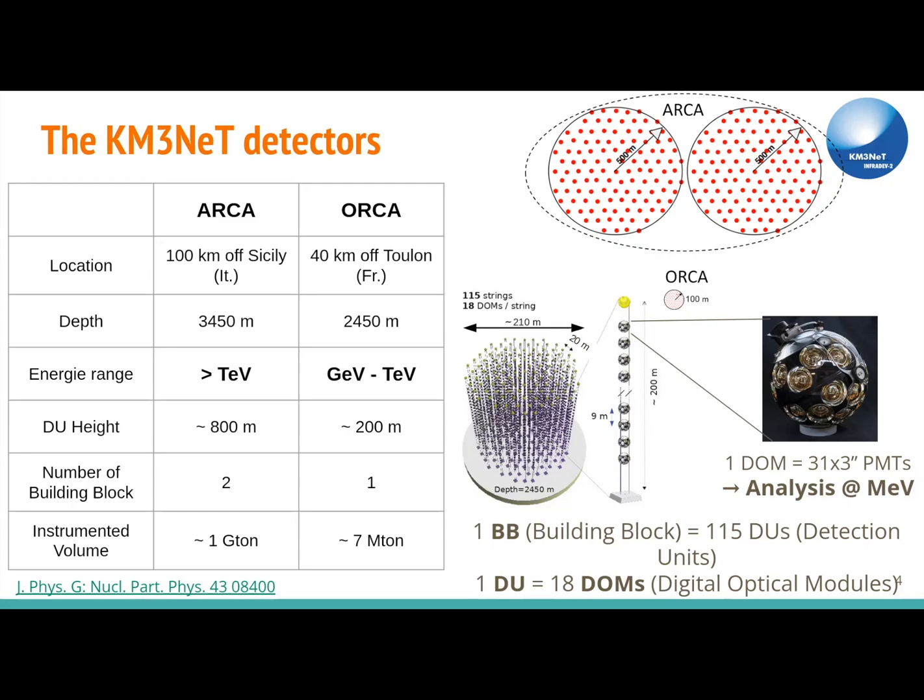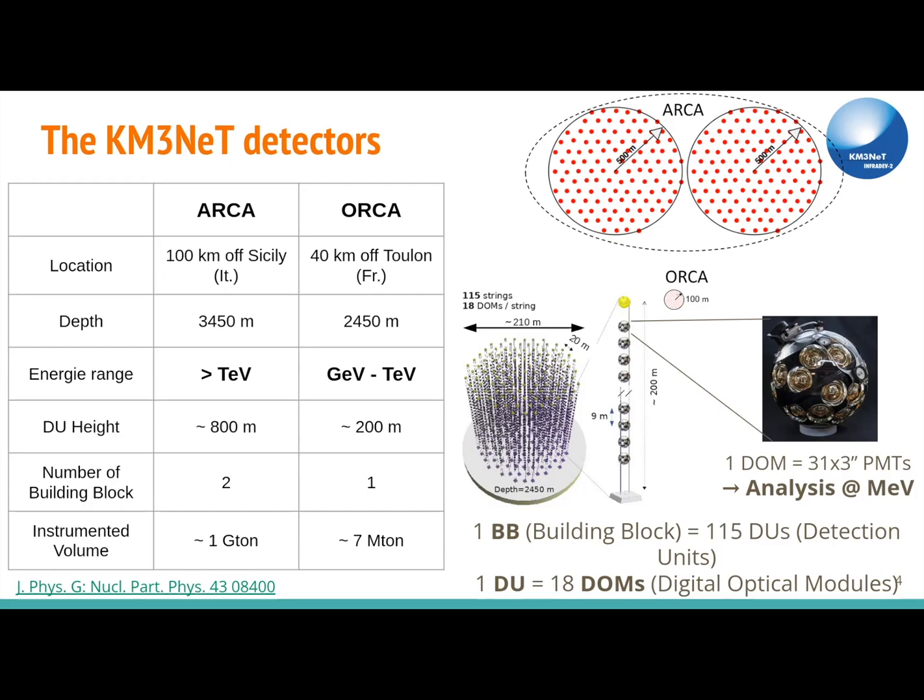So the ARCA detector is quite deep in the sea, at 3,450 meters. ORCA is at 2,450 meters. ARCA is optimized for energies above the tera-electron volt, and ORCA is optimized for energies between the giga-electron volt and the tera-electron volt.